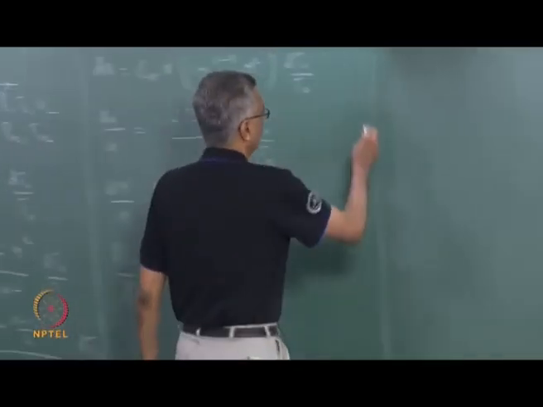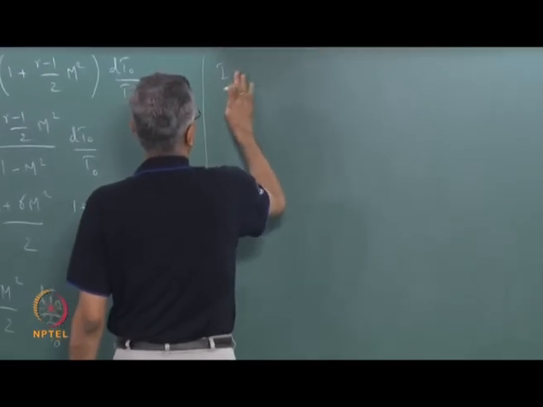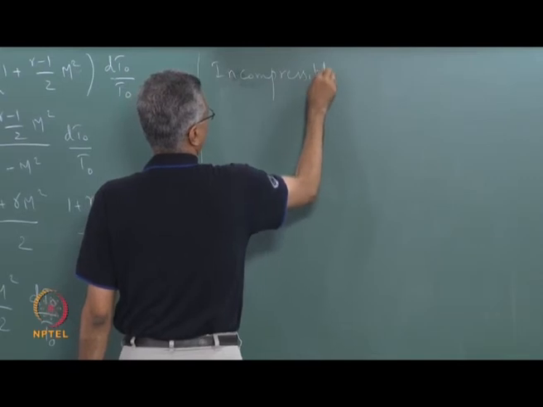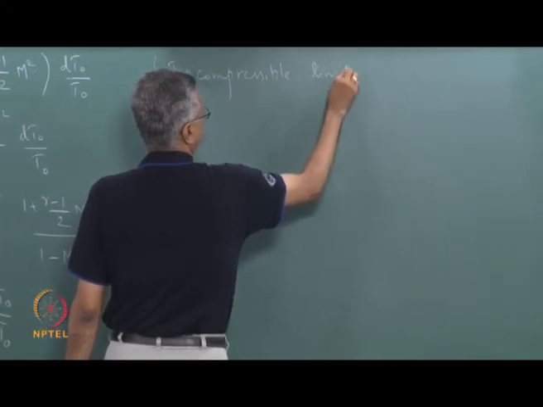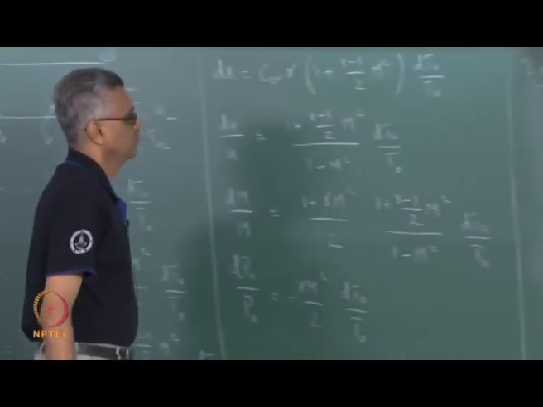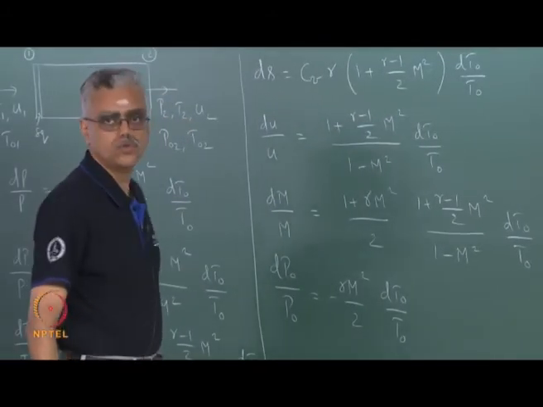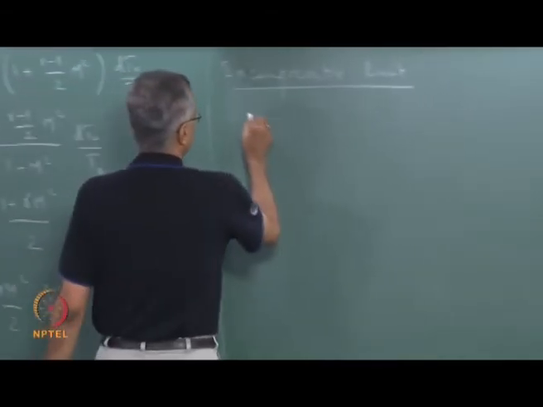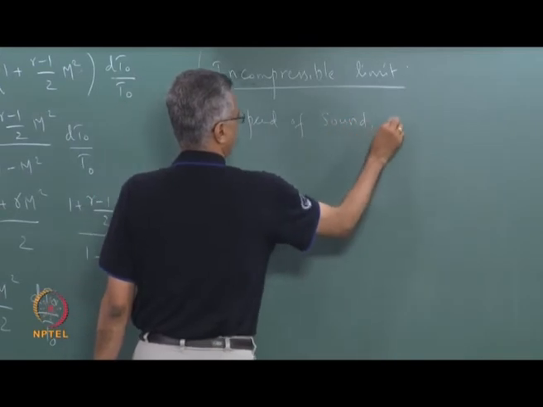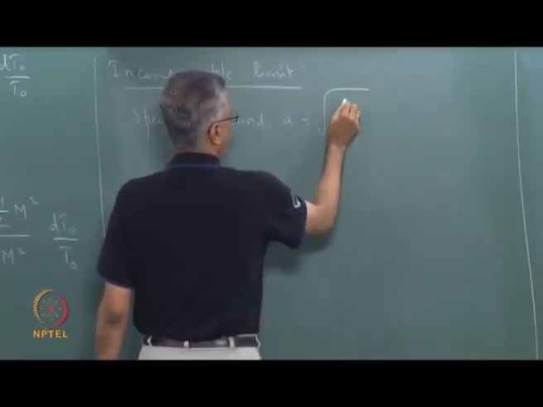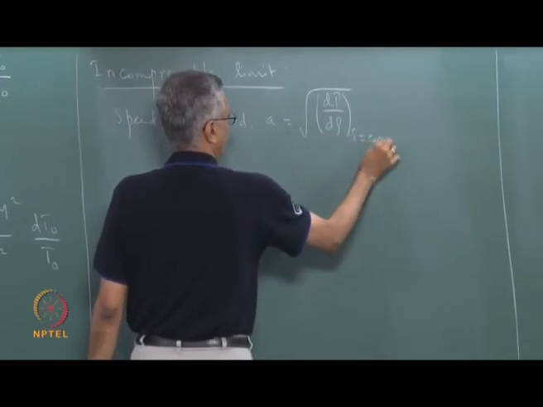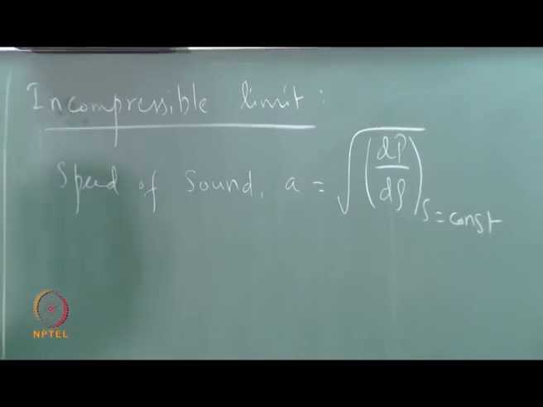Okay. So we are now going to look at the incompressible limit. If you recall, we had defined the speed of sound a as the square root of the partial derivative of p with respect to rho for an isentropic process, right.